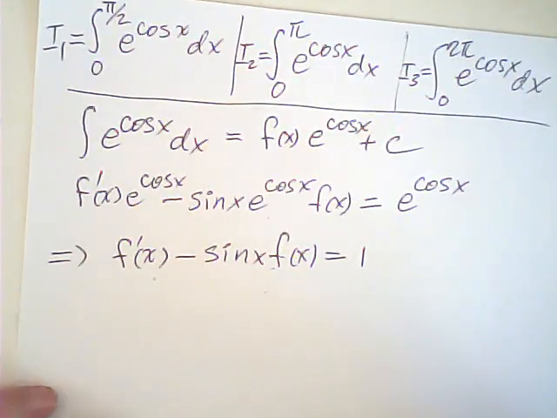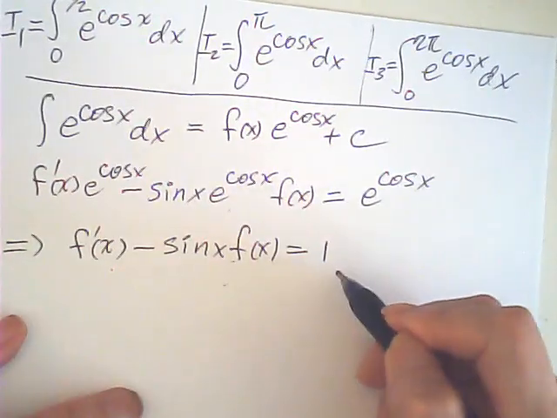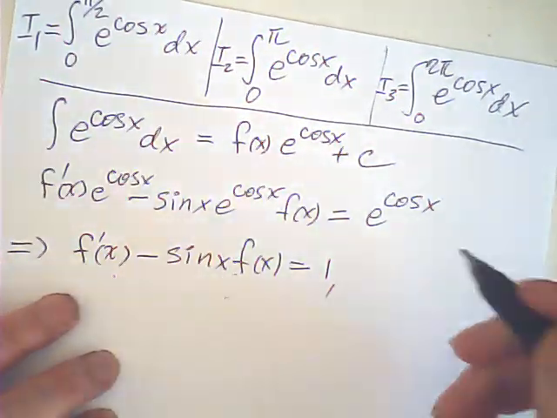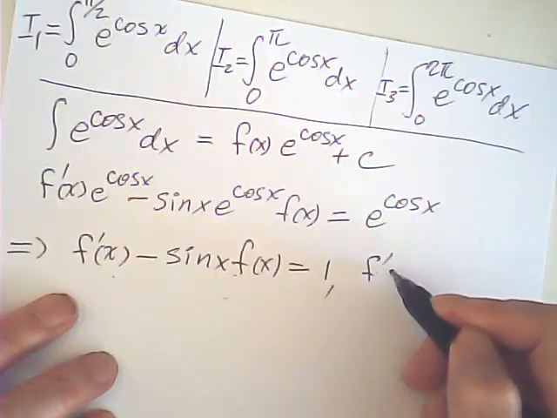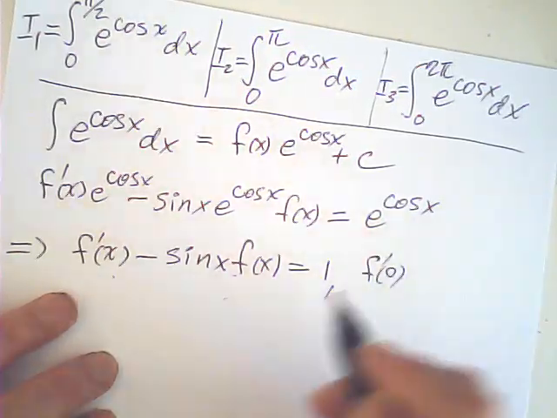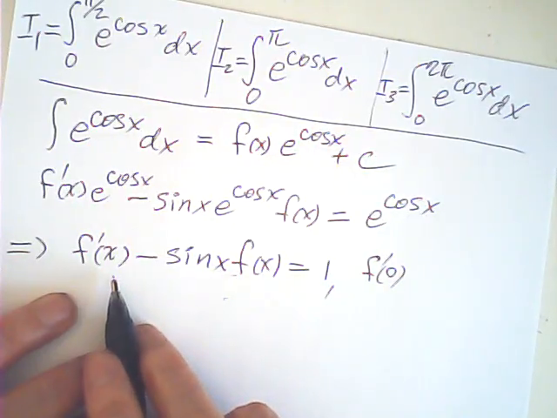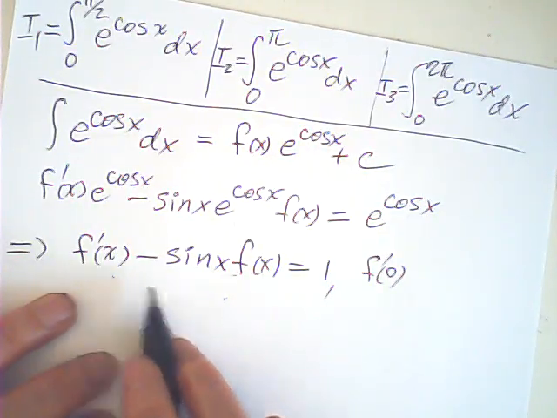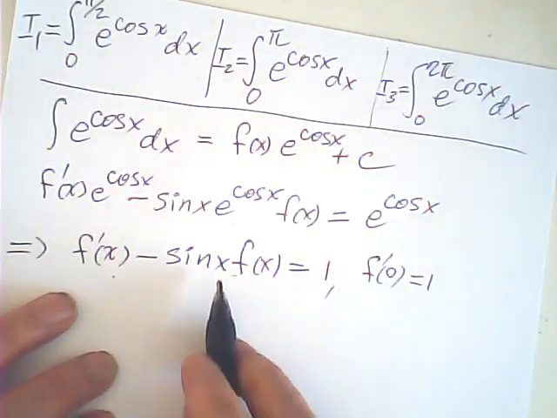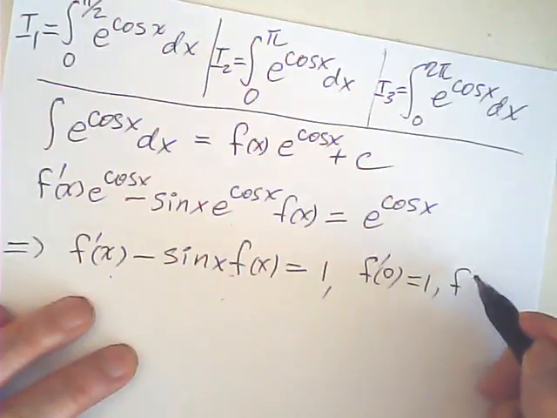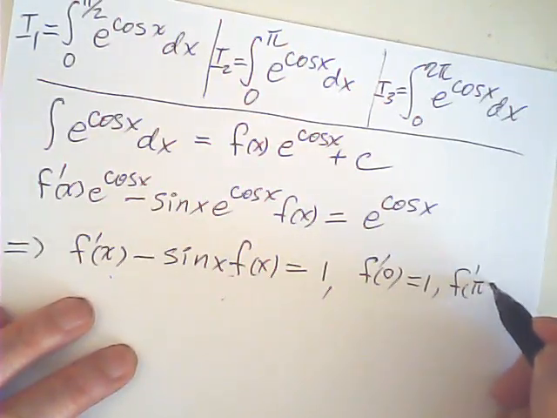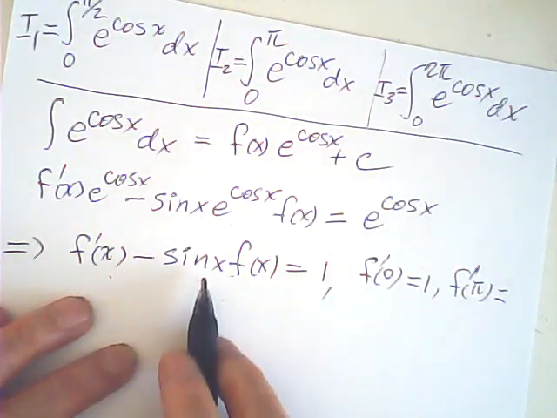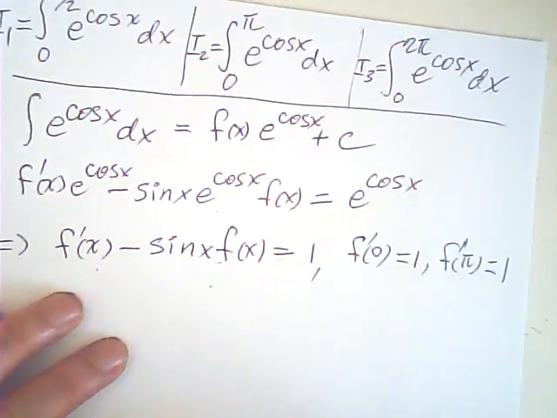So what is that? Well, I'm using approximation. We know that when x equals 0, f prime of 0 is equal to 1, right? Because sine is equal to 0. F prime of pi is also equal to 1.